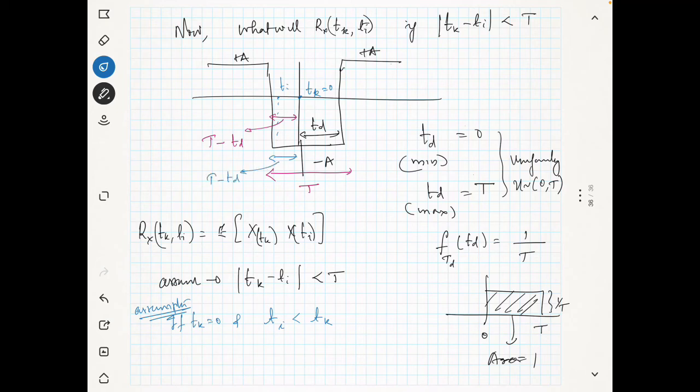Then what is our condition? The magnitude of Ti minus Tk, if I am taking Tk at the origin and Ti is somewhere here, this difference should be less than some value delta, less than this interval.